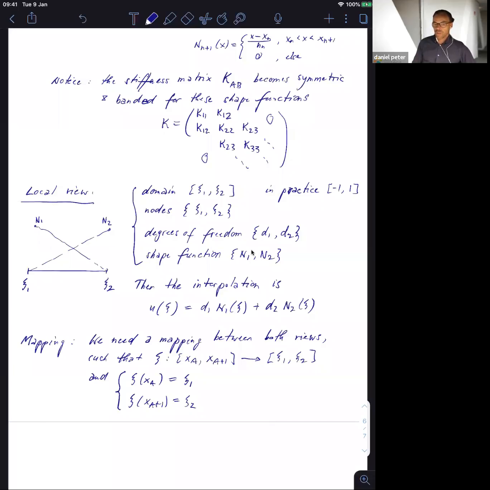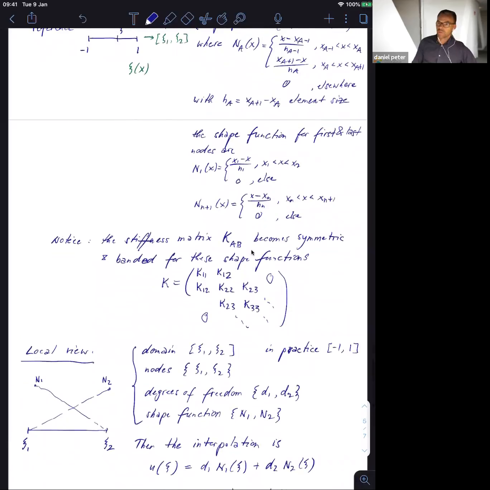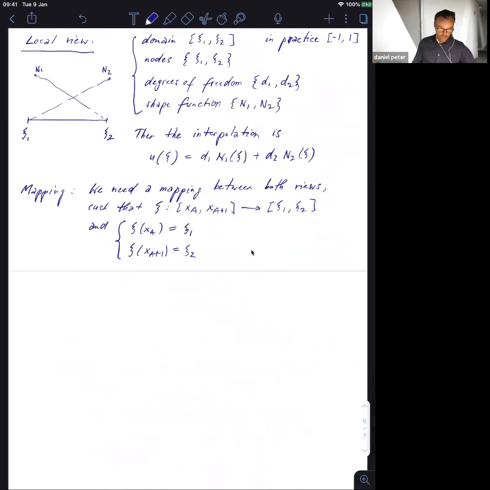Good, so now we are again left with a choice about this mapping function. What should that mapping function be? Because of simplicity, we again choose a linear mapping function. So assuming a linear mapping, psi of x then is coefficient c1 plus c2 times x.